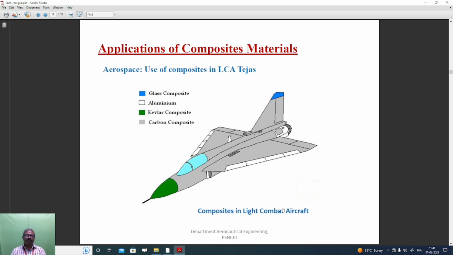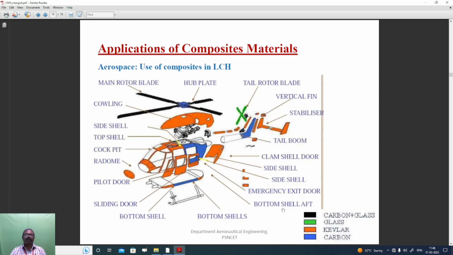The figure shows how the composites are used in the LCA, Light Combat Aircraft Tejas. Then the Light Combat Helicopter: the various parts are made up of carbon, glass composite, Kevlar and carbon composites. The figure shows the parts of the LCH.